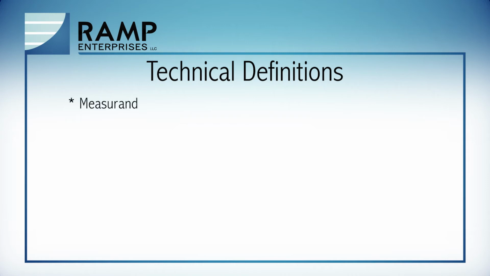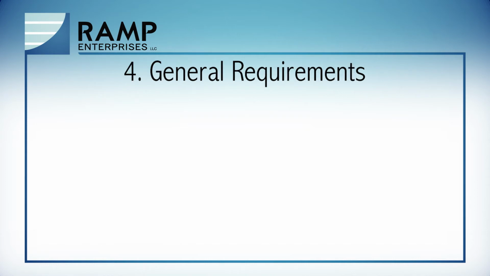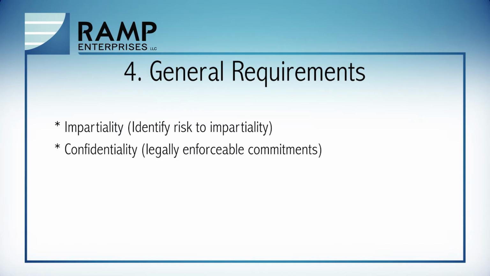Things like measurement, metrology, repeatability, reproducibility, traceability, uncertainty, and uncertainty budget. In Section 4 of the standard, general requirements, there's a very specific discussion on the requirement for impartiality and for confidentiality. There are several paragraphs that go into detail about the requirements.